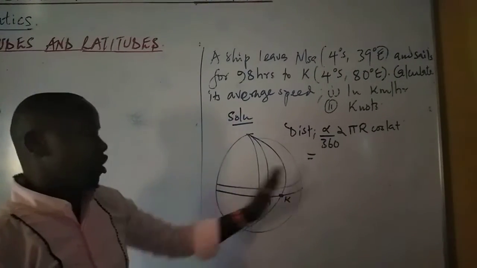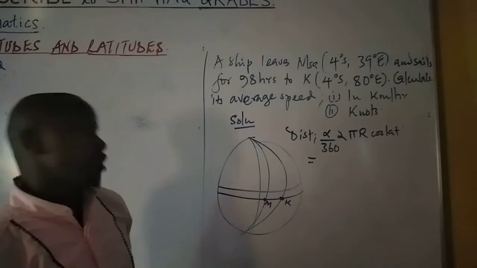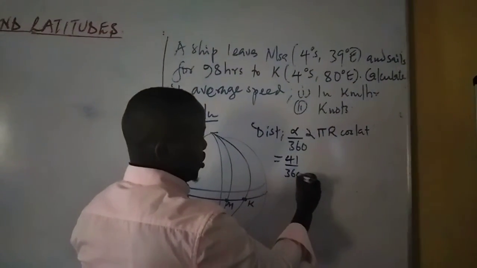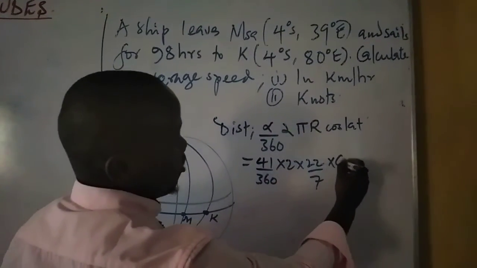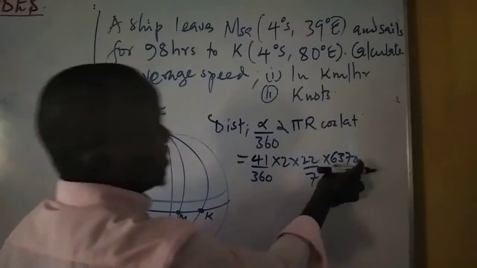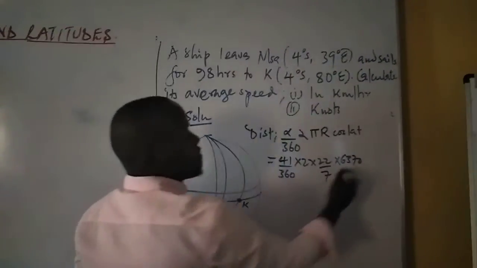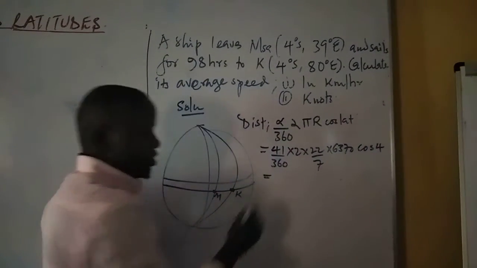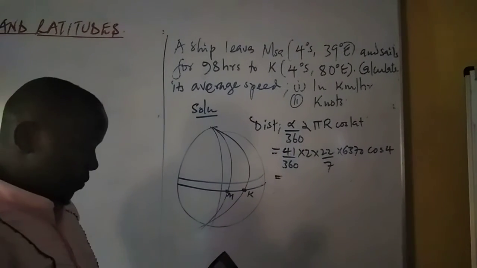Therefore, the difference in longitude is 41. So this will be 41 over 360 times 2 pi r, 6370, which is the radius of the Earth, cos latitude. They are on latitude 4, therefore cos 4.